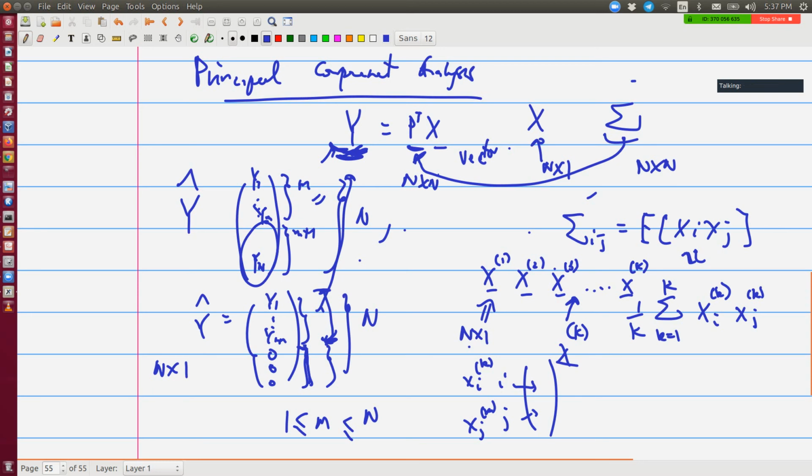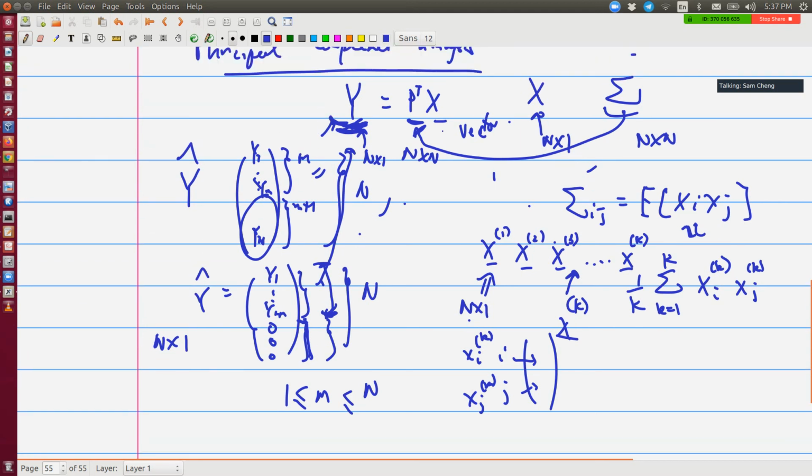So y, of course, being multiplied by n, will be n by something. Oh, this is n by 1. X is n by 1, so y will be n by 1. So y in here only has m, because here n by 1 should also be n by 1 here, since you take from this. Oh, wait. Let's restart again here. Let's say this is y here.